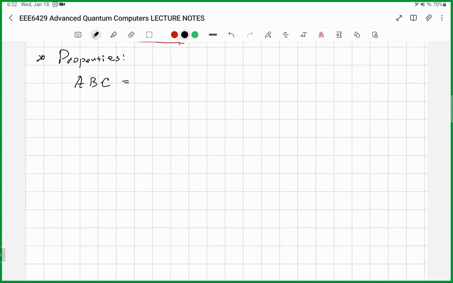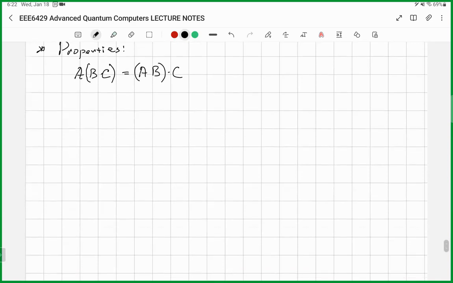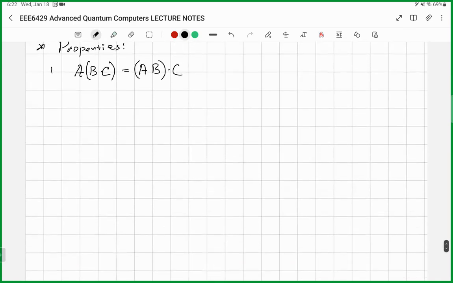You can, for example, write the product of B, C, and then multiply by A, or you can take the product of A, B, and then find the product with matrix C. So basically, what is important is the order of matrices A, B, C, but the order of the matrix product doesn't change the result.